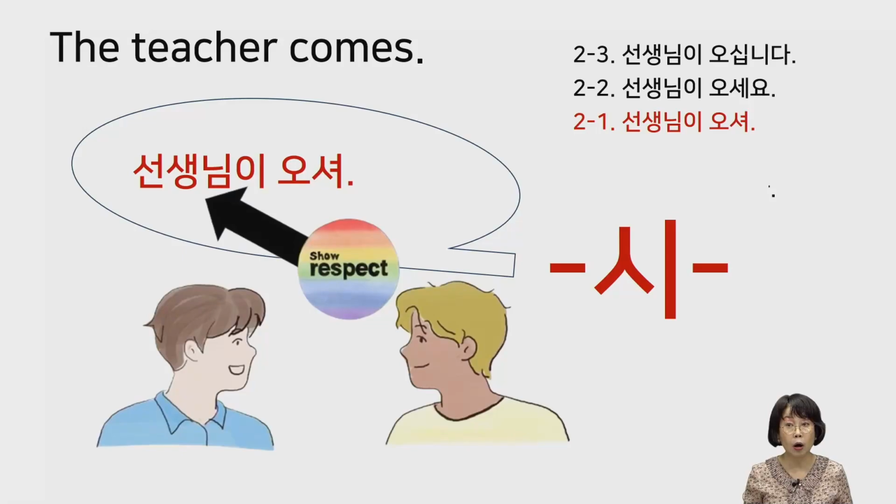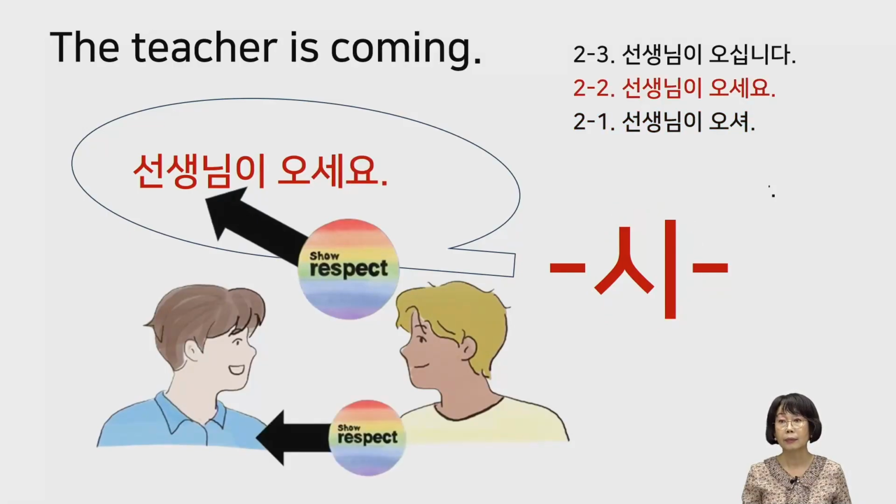선생님이 오셔, 오셔. No respect to the listener. Close friends. 선생님이 오셔 has the 시 particle, so it can express respect to the subject of the sentence. 선생님이 오세요. 오세요, 요 ending, informal, has respect.